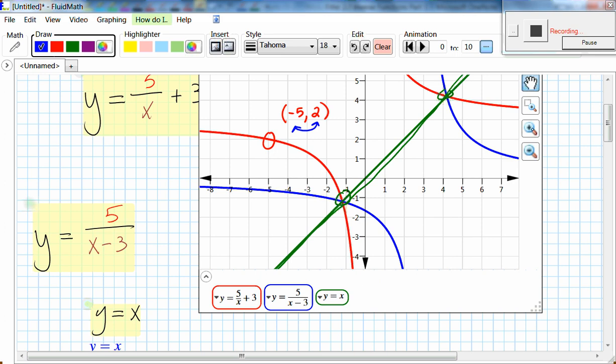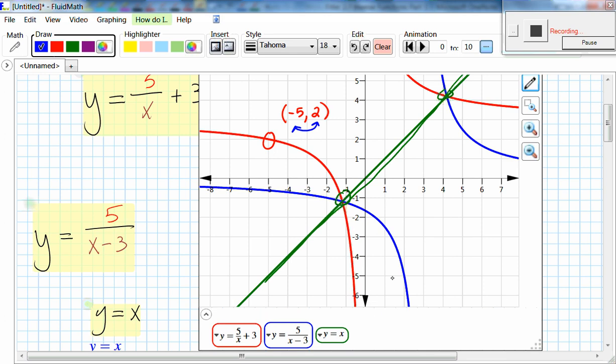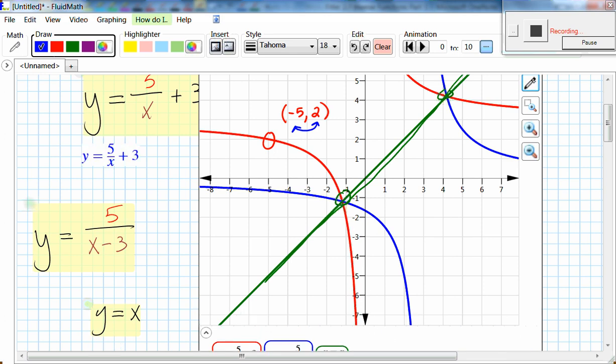And check it out. When I move my graph down there, which you can see. Check it out. There's the point 2, comma, negative 5. Does that work with every single point? Yes, it does. It works with every single point. So 2 takeaways here.